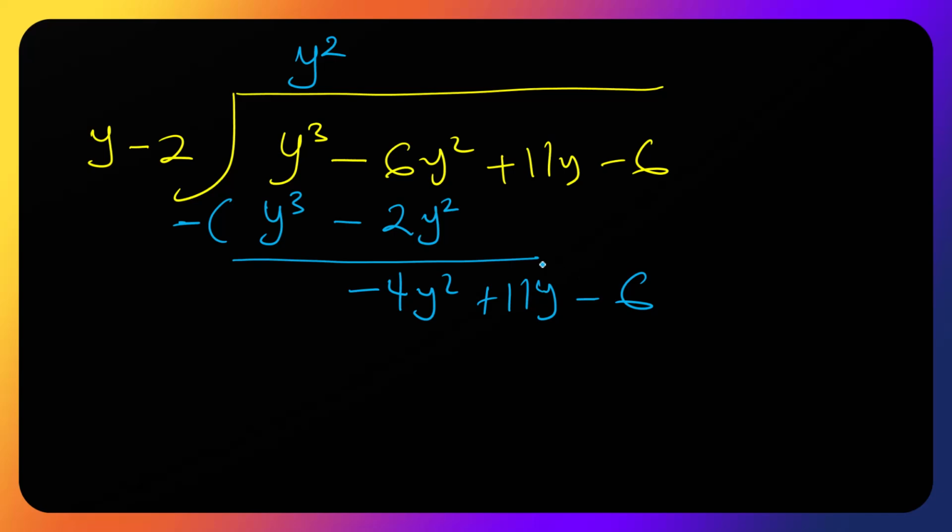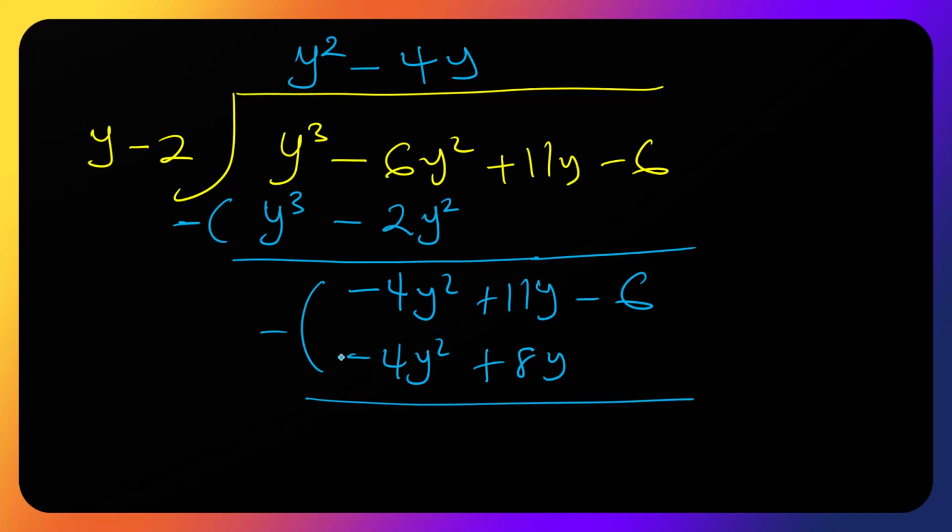Minus 6 here. Let's go again: y into this will be minus 4y. Minus 4y times y will be minus 4y squared. Minus 4y times minus 2 will be plus 8y. So let's subtract: this minus that is 0, 11 minus 8 will be 3.